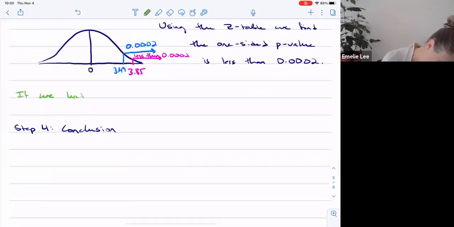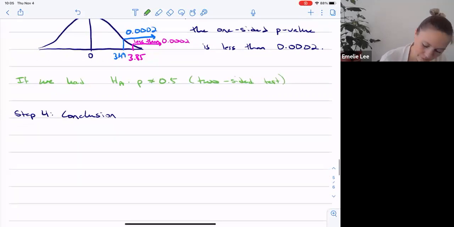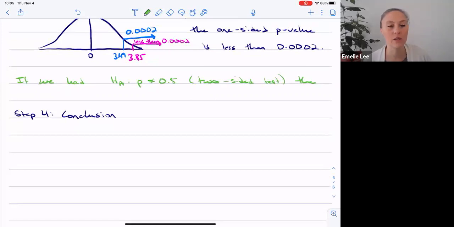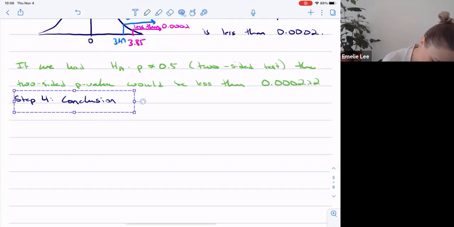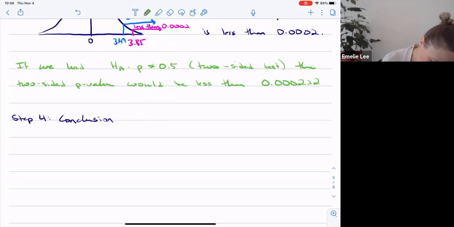If we had HA: P is not equal to 0.5, which is a two-sided test, the two-sided p-value would be less than 0.0002 times 2, which I'll write in brackets, less than 0.0004.